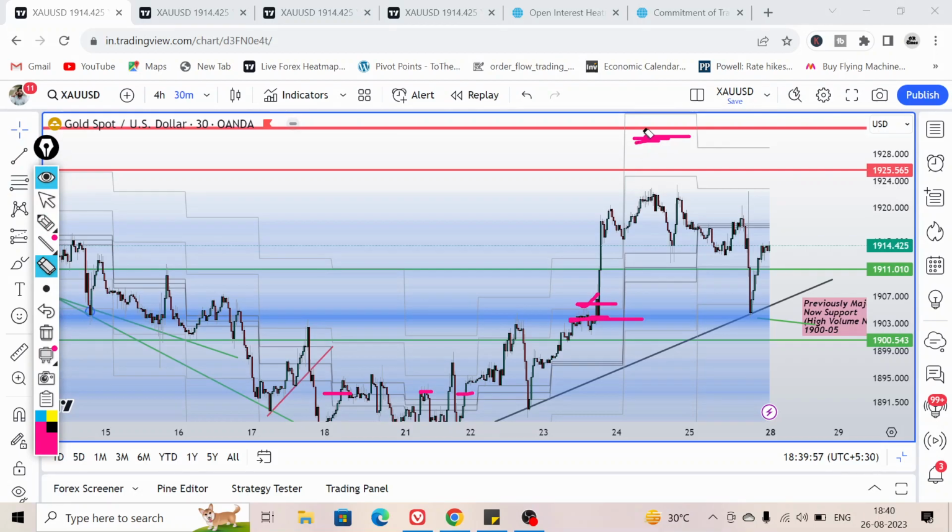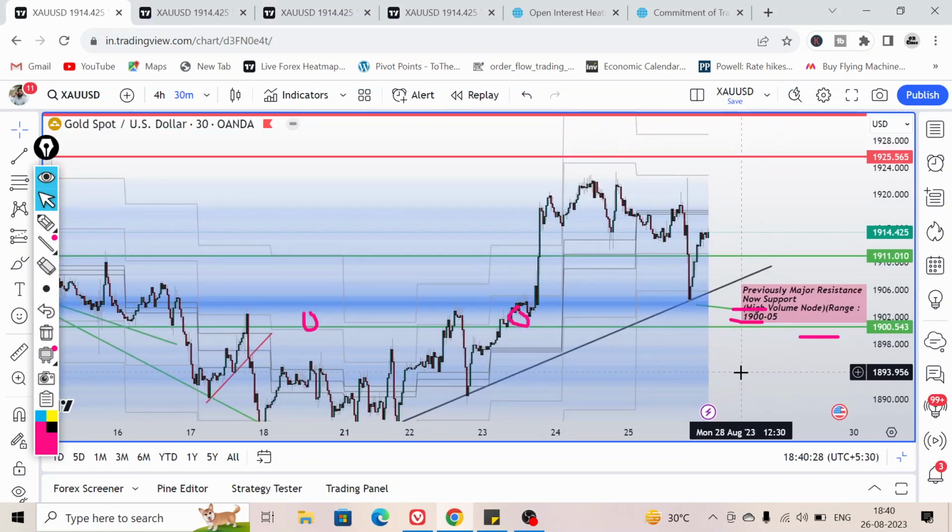In the Friday trading session, we have seen a good decline during the speech of Fed Powell, and price took support near this support area, because this support area is a good high volume zone, and whenever price tried to break this level, we have seen good rejection. So the zone around 1900 to 05 is currently acting as support, and we already discussed this level in the chart in the Telegram channel.